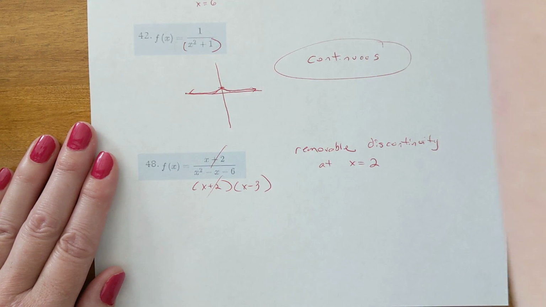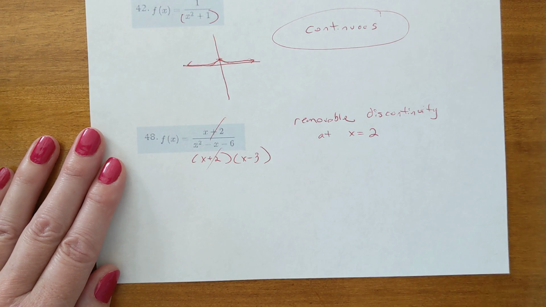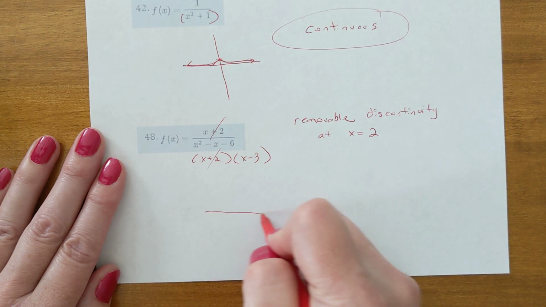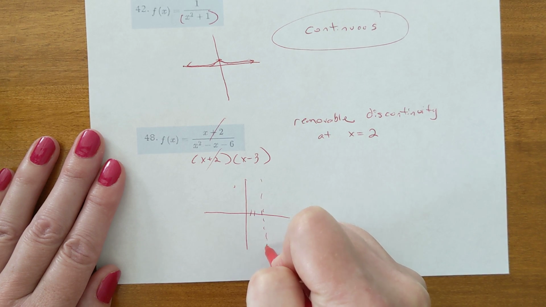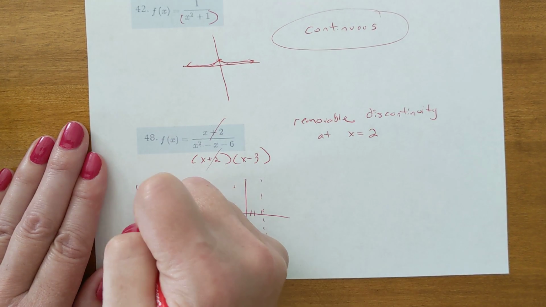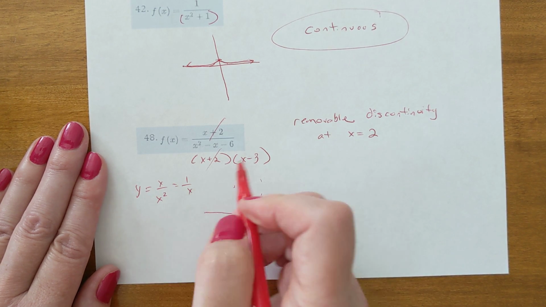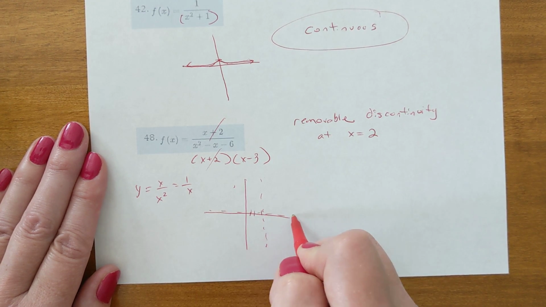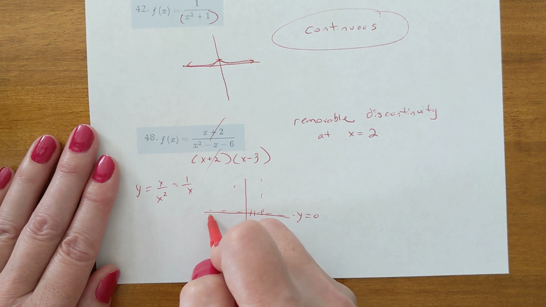And then looking at it though, we still have a vertical asymptote at 3. And as we go, the highest power on the top over the denominator, x over x squared makes 1 over x. So as you go to infinity, that's becoming 0. So you've got y equals 0.